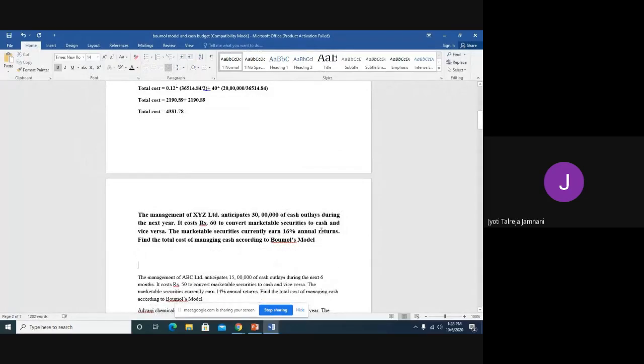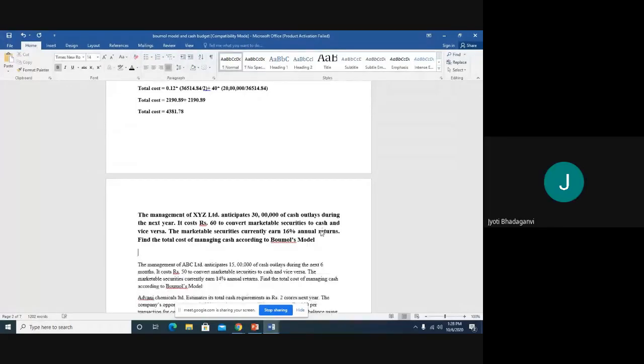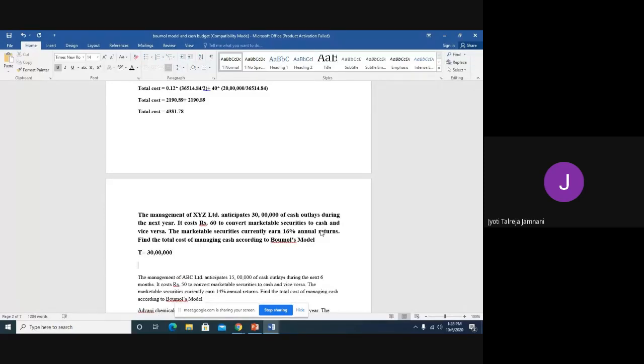So the management of XYZ Limited anticipates 30 lakh of cash outlay during the next year. So what is this 30 lakh? T is equal to 30 lakh, total cash requirement. It costs rupees 60 to convert marketable securities to cash. So what is this 60 rupees? B. This is the transaction cost.